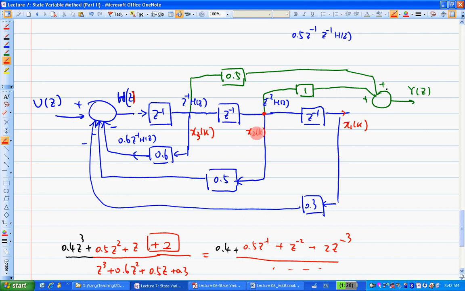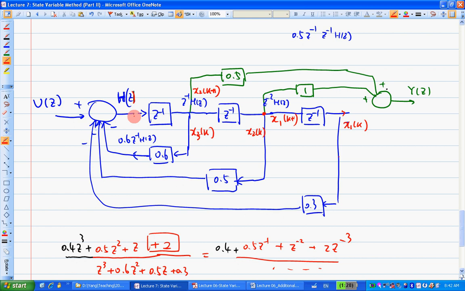The signal here, at the same time, is also x what? This is x1 of k, so at the same time this is x1 of k plus 1, right? At the same time, over here is x2 of k plus 1.